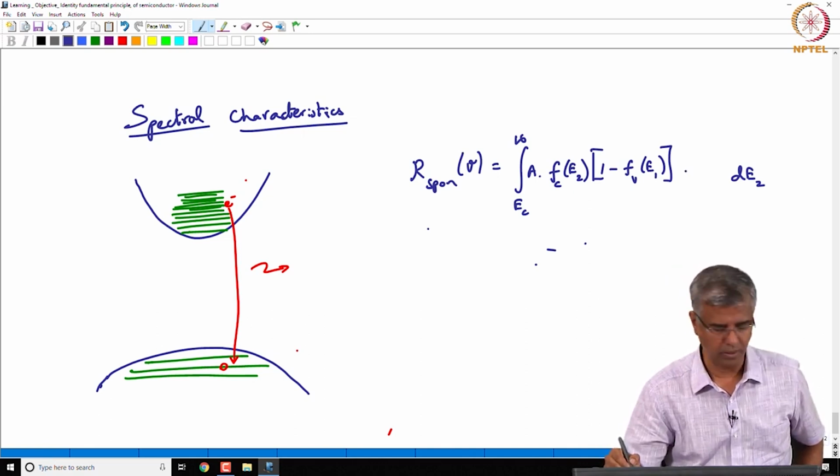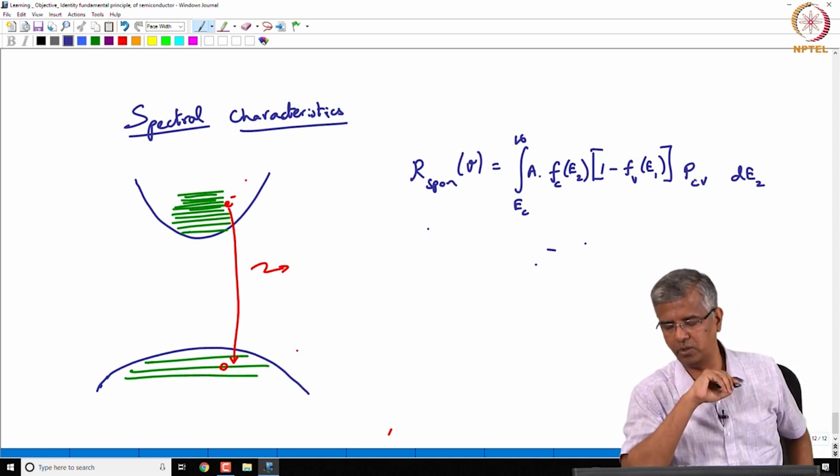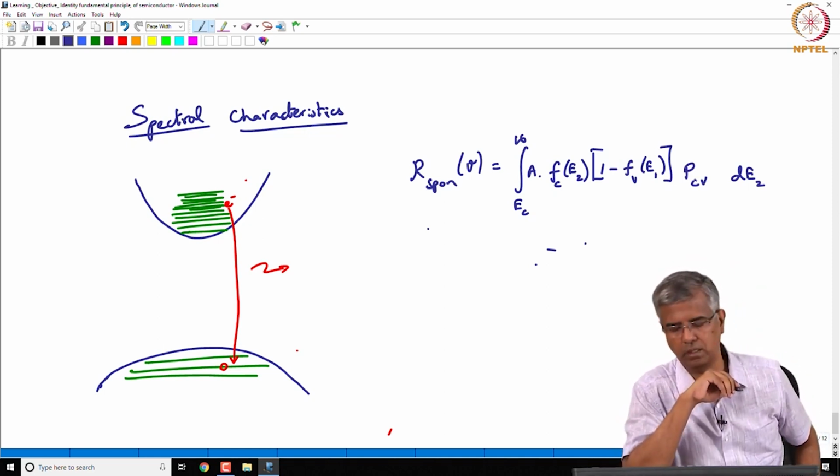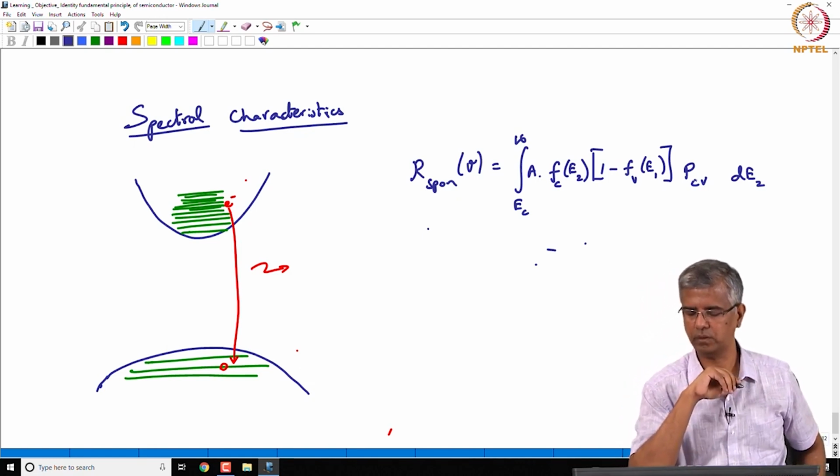And then you have the density of states also come into the picture, which can be represented as a joint density of states corresponding to the conduction and valence band. Okay.